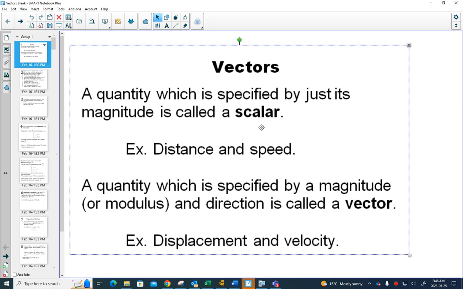But if we add to that a direction, we get something called a vector. So if I told you I went 5 kilometers north, then you've got a length and you've got a direction. That makes it a vector. So we call displacement a vector.